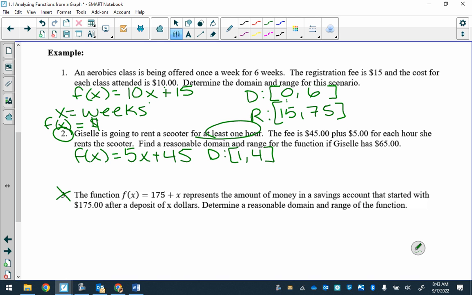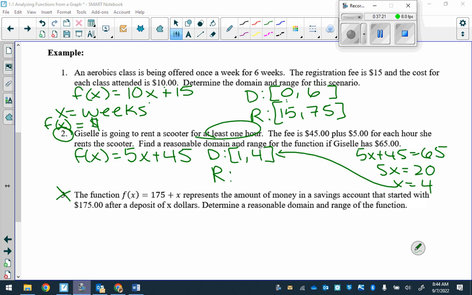Perfect. Yep, exactly. So we have our domain is 1 because it's at least 1 hour. Then you have to set up the equation 5x plus 45 since you only have $65 to see what the maximum number would be. Okay, so if you took 5x plus 45 equals 65, 5x equals 20, x equals 4. That's how we get the maximum of 4 hours.